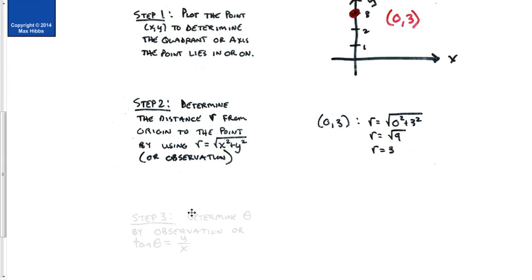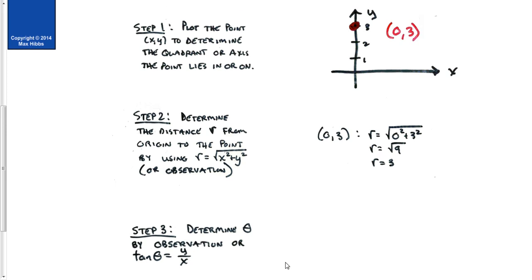Okay, well, step 3 now is to determine theta. And we can do this by observation, or the formula tangent of theta is y over x. Now, in this case, if this is where our point is, how do we get to that angle? Well, that angle would be measuring from the positive x-axis, the polar axis, and we would go to where we were vertical.